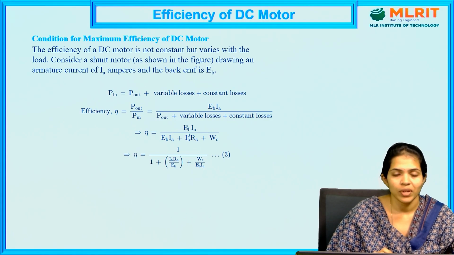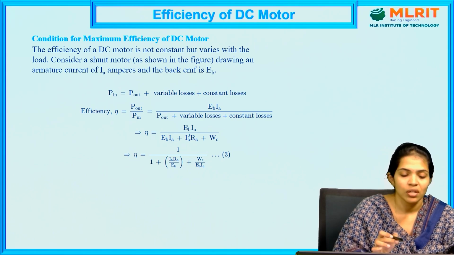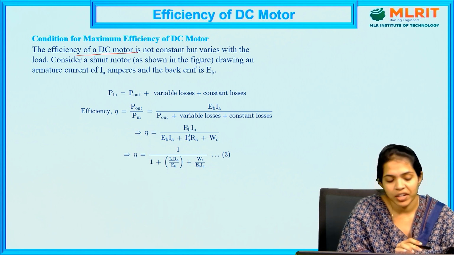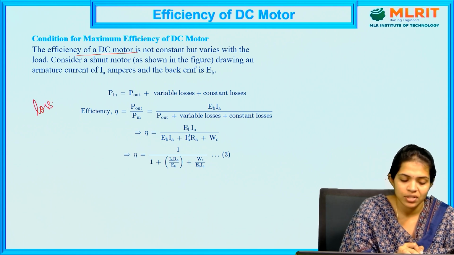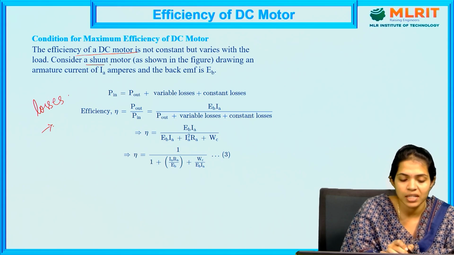Now we have to derive the condition for attaining the maximum efficiency in a DC motor. We know that efficiency is affected by the losses which are occurring in the DC motor. We have seen the different kinds of losses. For this, let us consider a shunt motor.